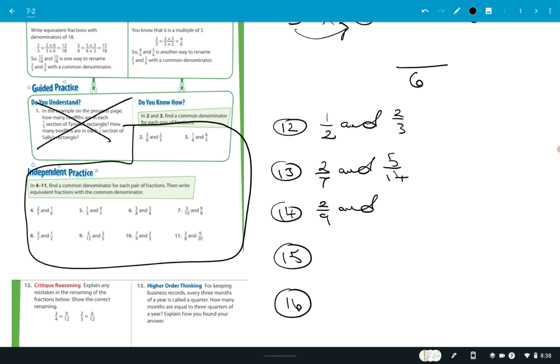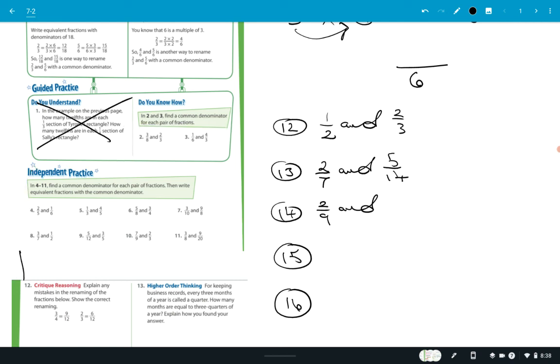Group 2, erase points. I think you have room, I would say, right down here. Did we write them on a line paper? No, I think you could just squeeze them in the independent practice right here. You could just put a 12, and then 13, and then 14, and then 15, and then 16. Yeah.